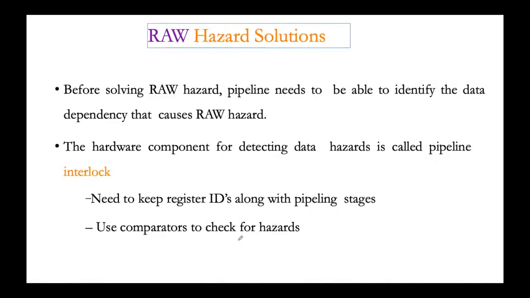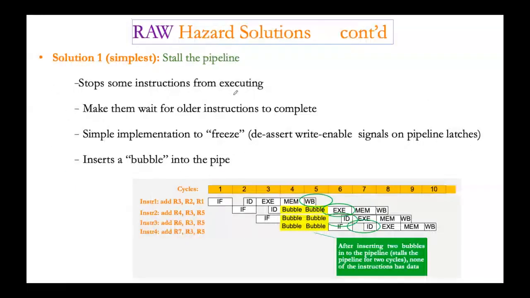The first solution for read after write is to stall the pipeline. This is the simplest and the universal solution for read after write hazards.